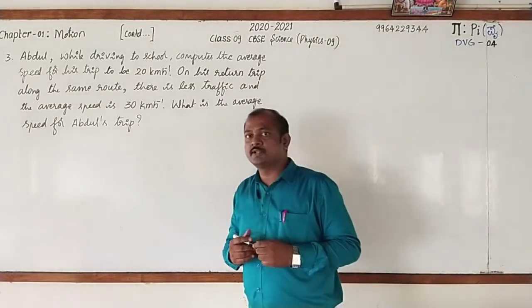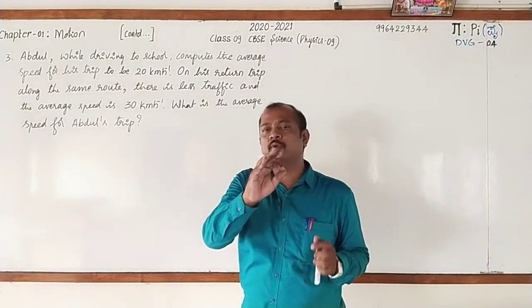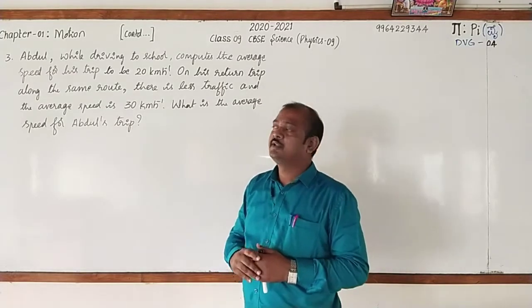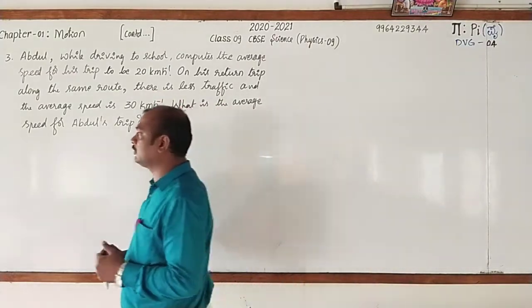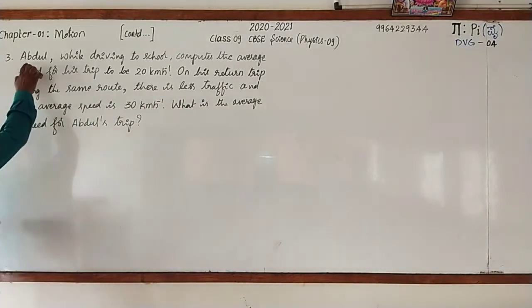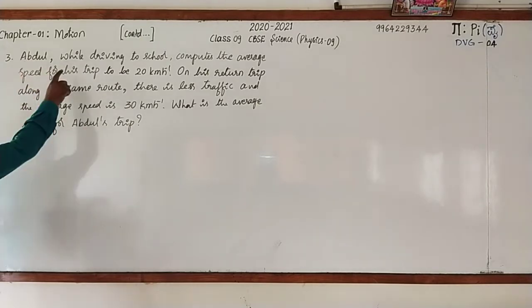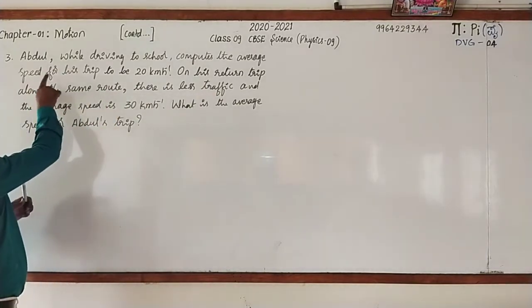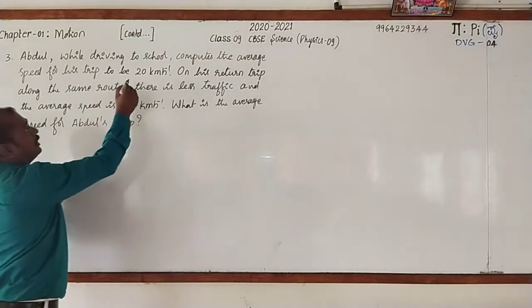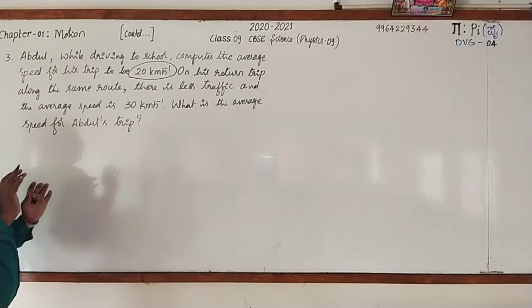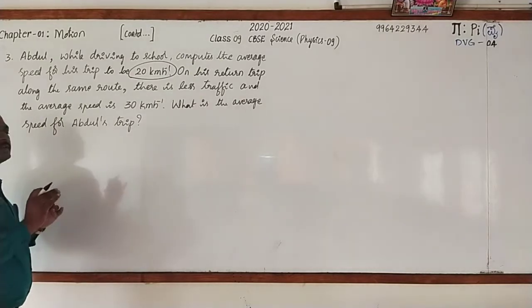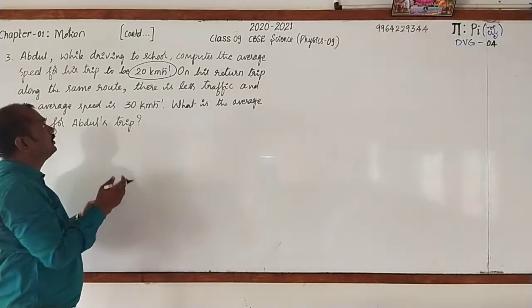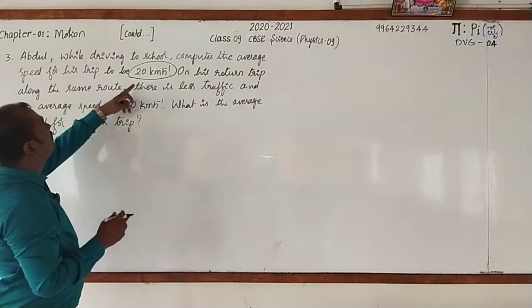Yes, dear students, here we have another very interesting statement. Let's go through that. That has been given in question number 3. It is, Abdul, while driving to school, computes the average speed for his trip to be 20 km per hour. Got it? He has calculated that. Average speed will be 20 km per hour.